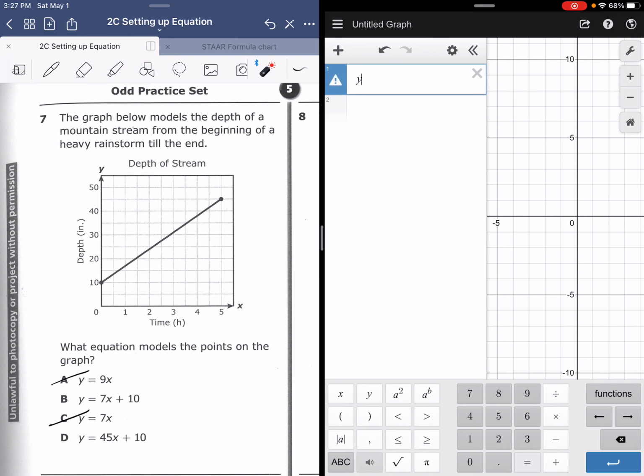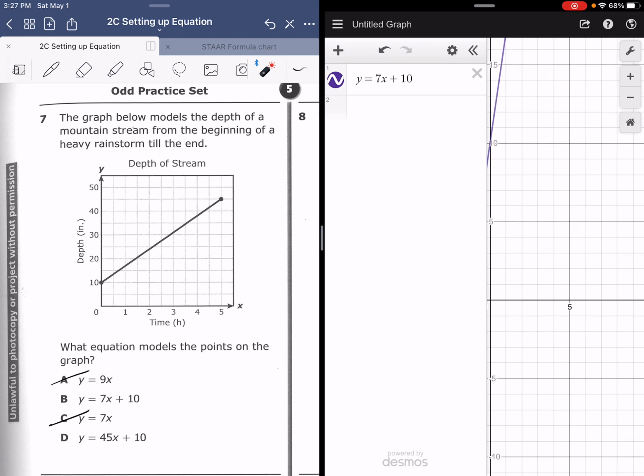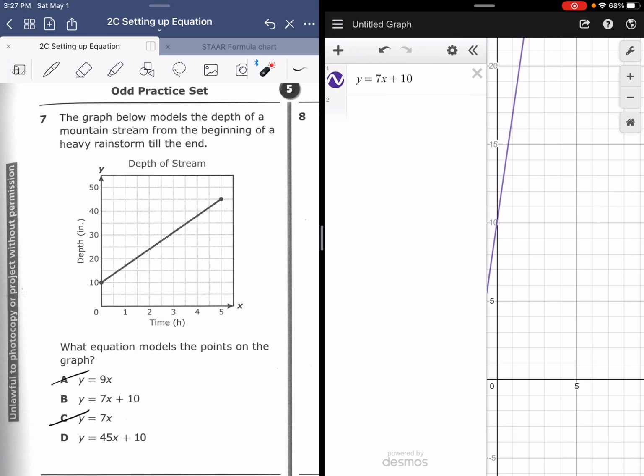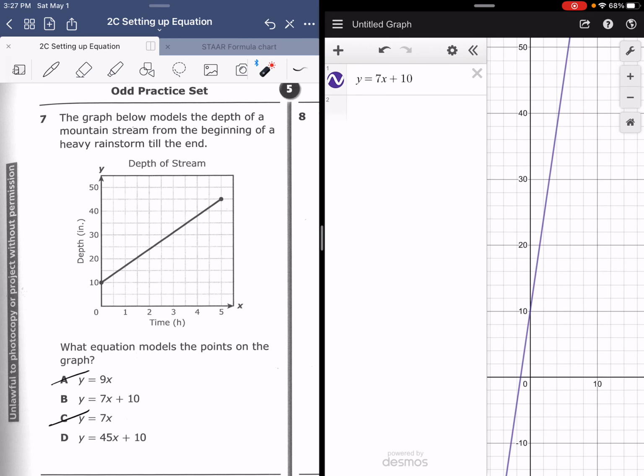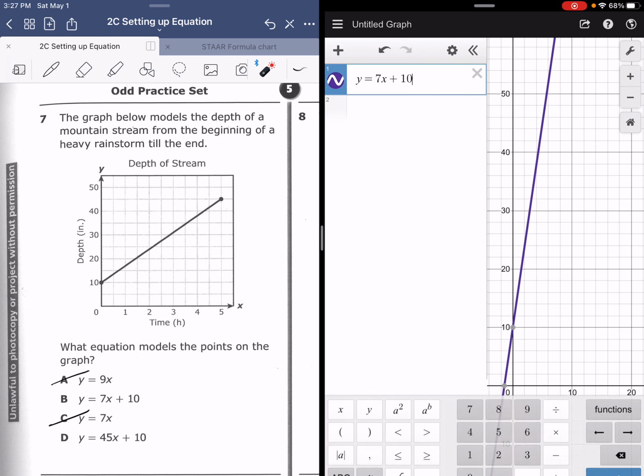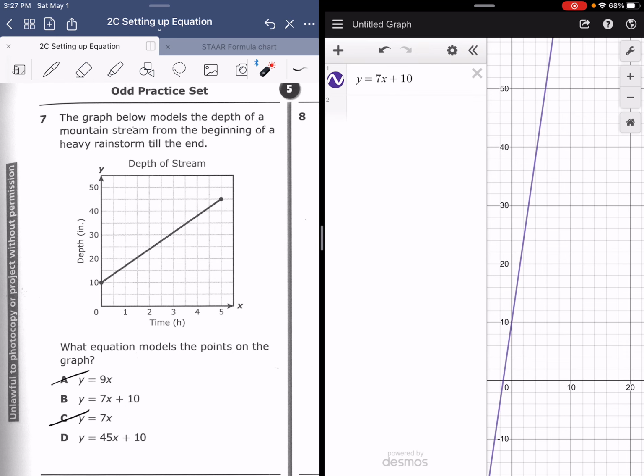Y equals 7x plus 10. So let's see if this one is the same as this one. According to this graph, when x is equal to 5, y should be about 45, right? So when x is equal to 5, let's look at the 5, y should be somewhat 45.